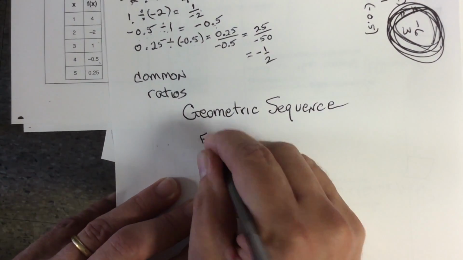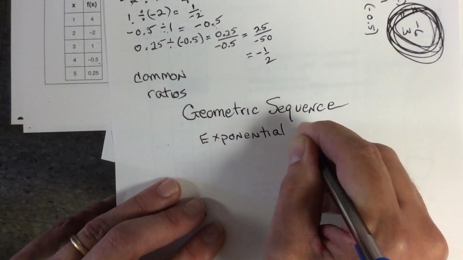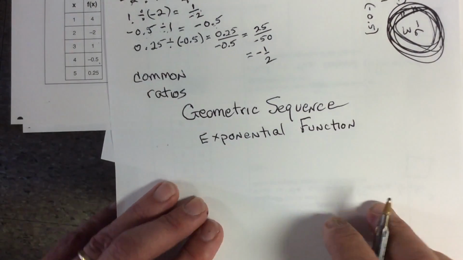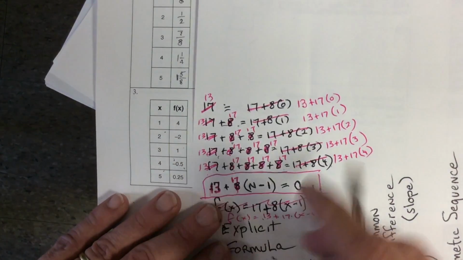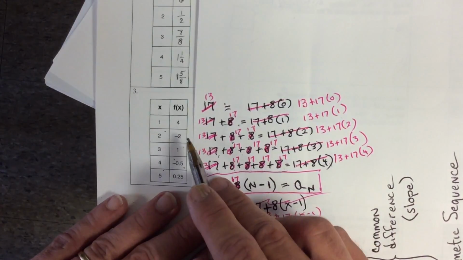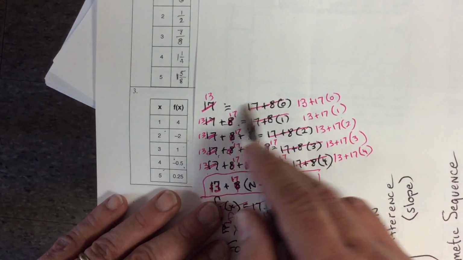And a geometric sequence is the same as an exponential function. And if you graph this, it's not going to be a straight line. Let's go back to what we did over here. This is obviously not the same thing, but there's a pattern that we can find that's just like this one.